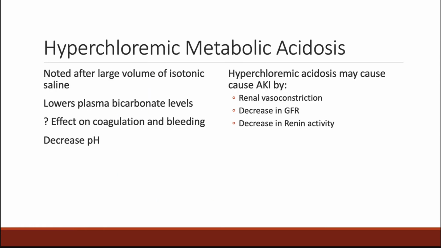One of them is hyperchloremic metabolic acidosis. This happens after large volumes of isotonic saline are given. The plasma bicarbonate levels go down, which leads to acidosis, right? And it may have an effect on coagulation and bleeding, probably because of dilution.